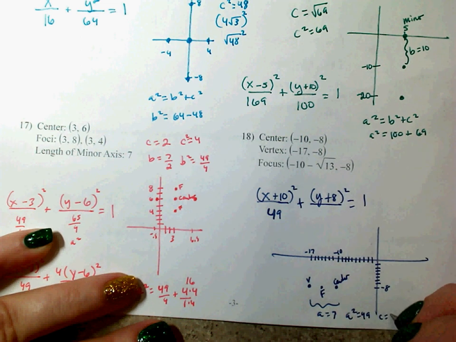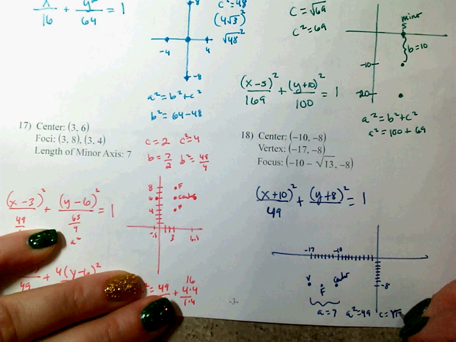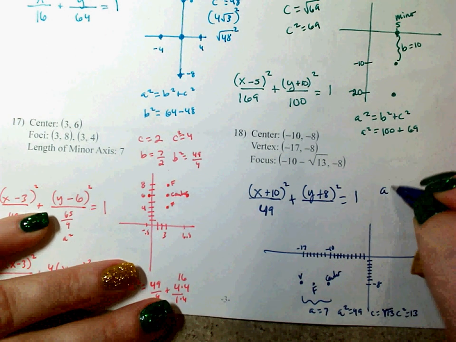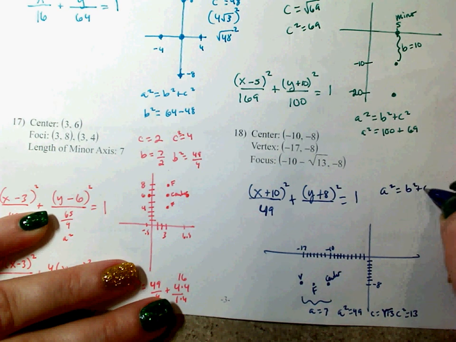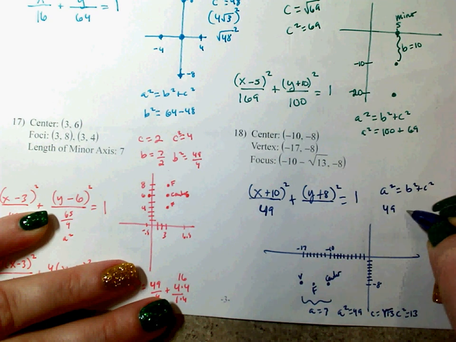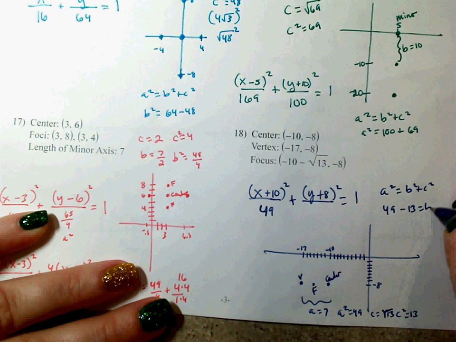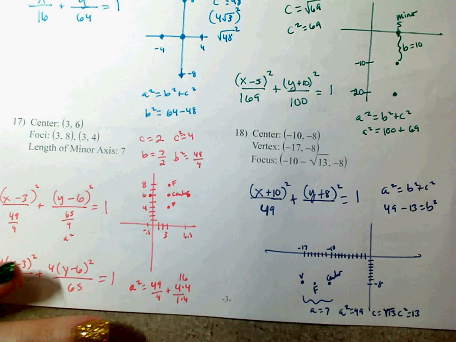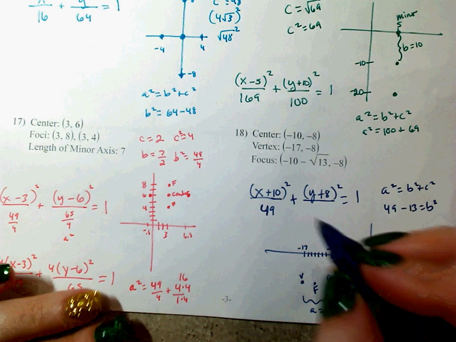So A squared equals B squared plus C squared, which means 49 minus 13 equals B squared. And 49 minus 13 is 36. Yep. And that's B squared. And there's my equation. And I do believe that is it.